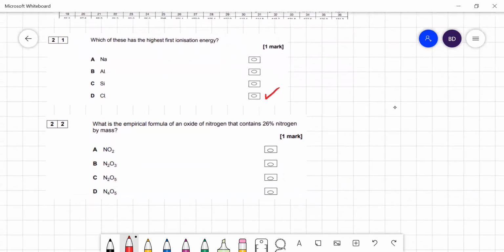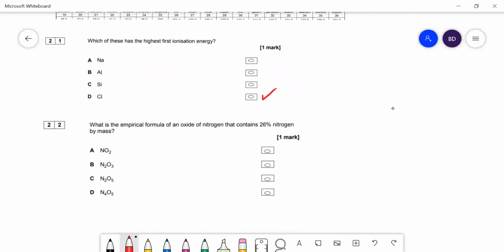The empirical formula of an oxide of nitrogen that's 26% nitrogen. So let's say in 100 grams, we've got 26 grams of nitrogen, and that means we must have 74 grams of oxygen. So for the moles, we're going to divide the mass by the Mr. So that's going to be 26 over 14 for nitrogen and 74 over 16 for the oxygen.